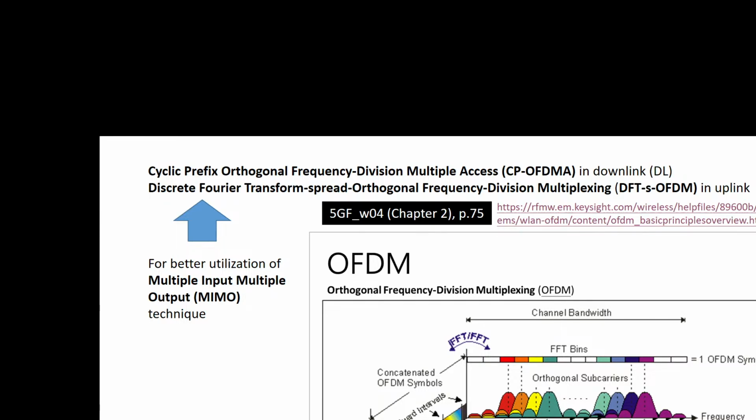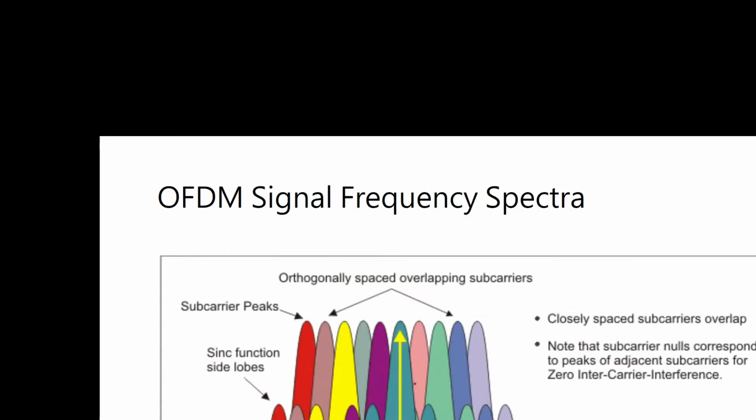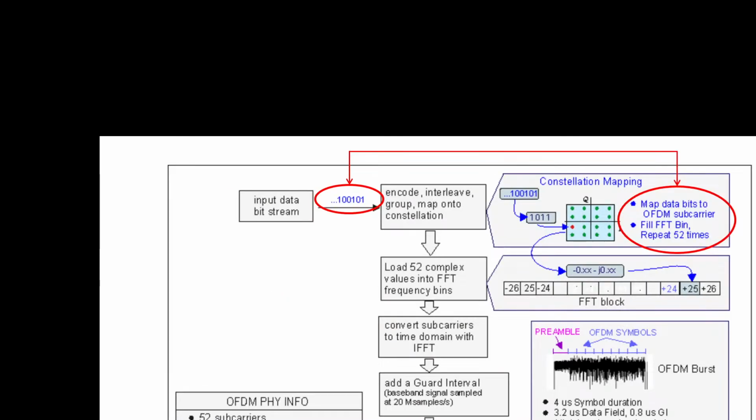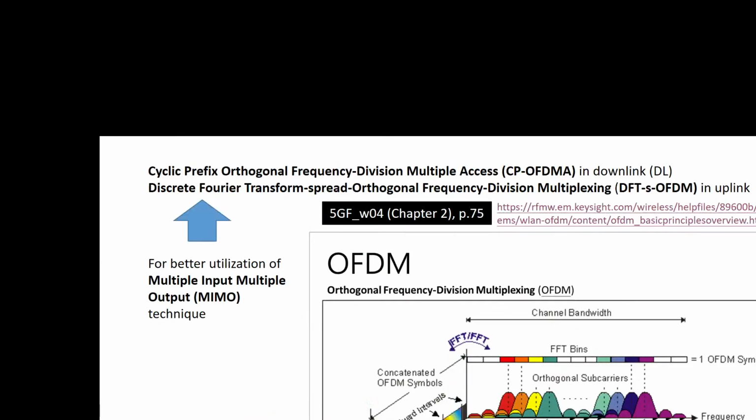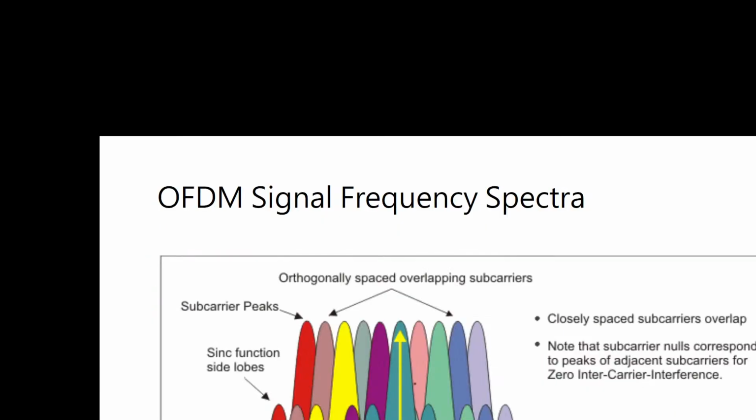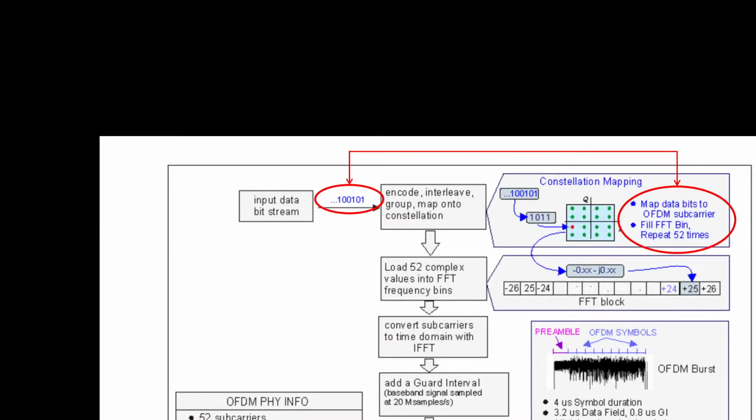At least we know the meaning of symbol and interval. That's the process, and you transmit it as one symbol, then repeat the process for the next symbol, one by one. That's how we conduct the radio access.